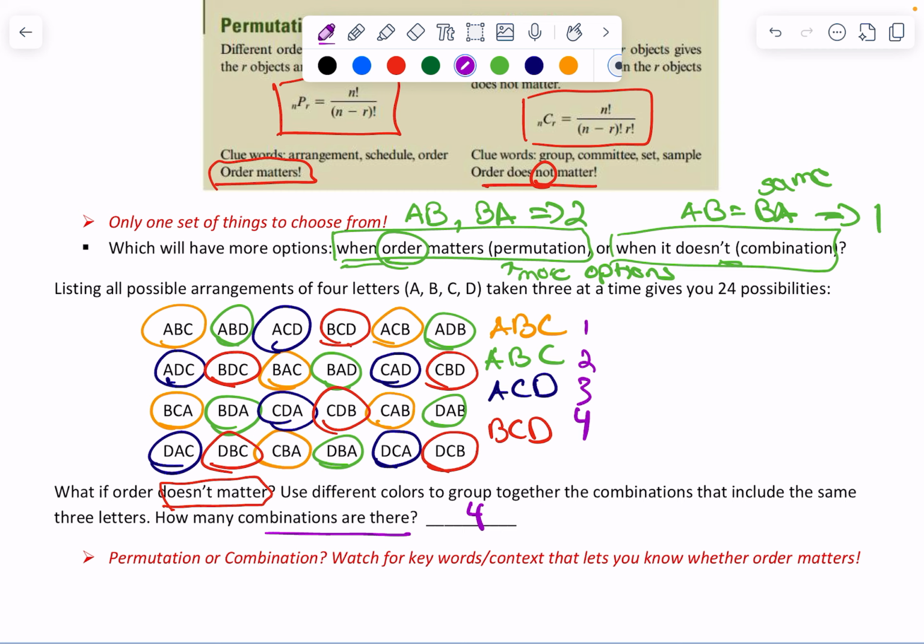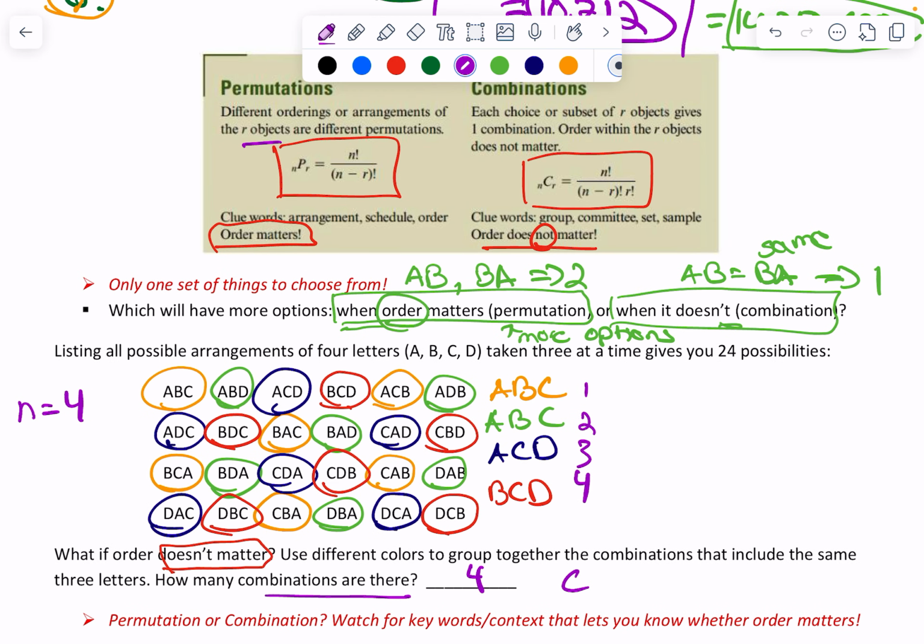So what did we just do? If we calculate the combination, our N here would be 4, because we've got 4 different letters, and our objects, R, is 3.